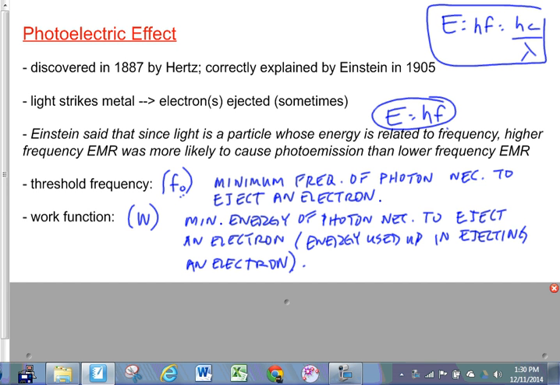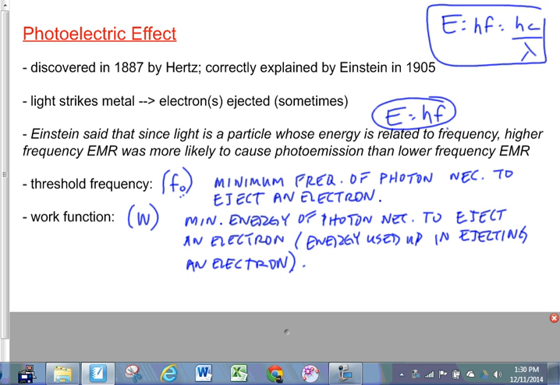If that's the energy of a photon, then the work function, which is the minimum energy of a photon, would be what? If energy is hf, then minimum energy would be what? You've just got to draw a connection here with what we've just done.